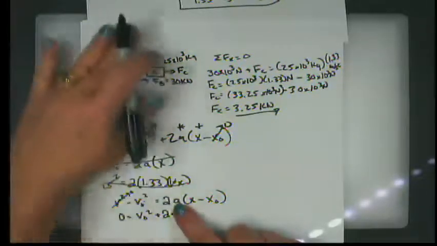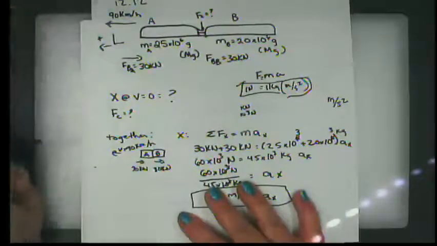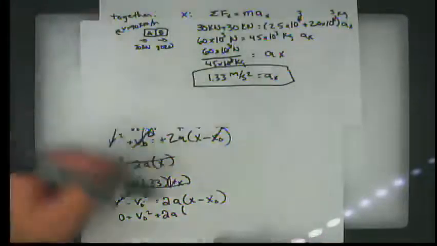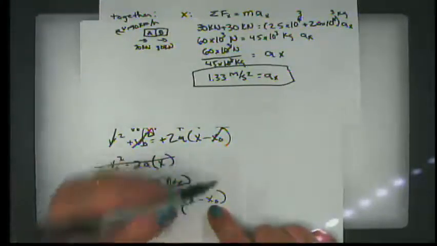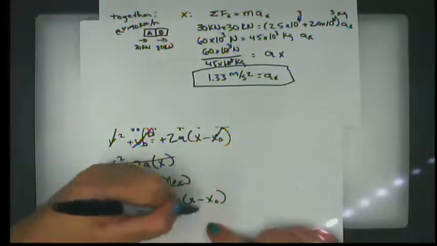In other words, I would have to set up my coordinate system so that x in this direction is positive. Or I could say x sub 0, where I start, is to the left, and so I could consider this to be negative.